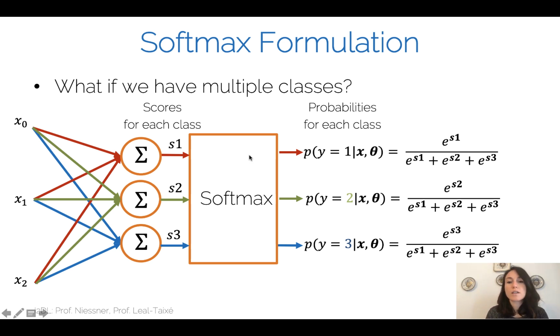So we have, for example, the probability that the input is labeled as class 1, and this would be the formulation which takes into account the score of class 1 and then normalizes by the 3 scores of class 1, 2, and 3.